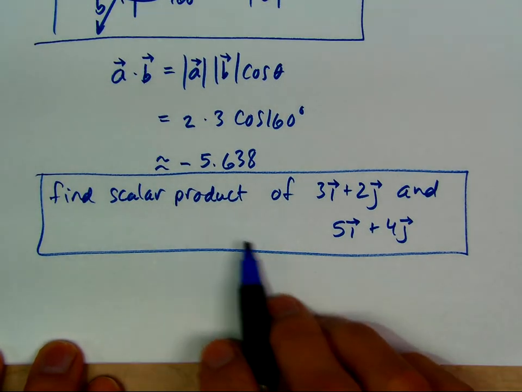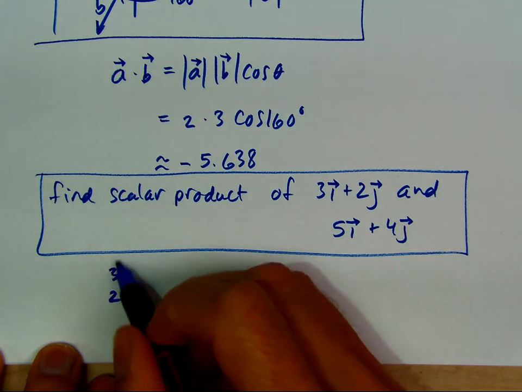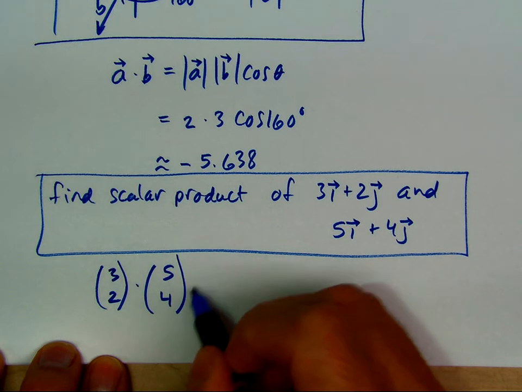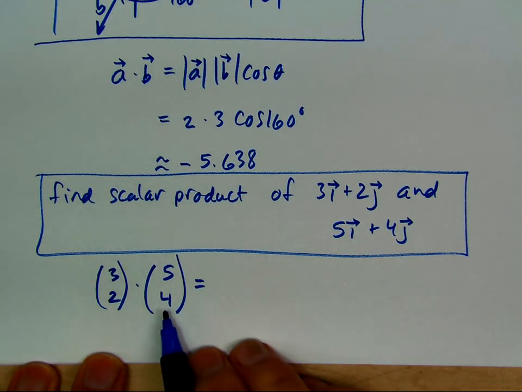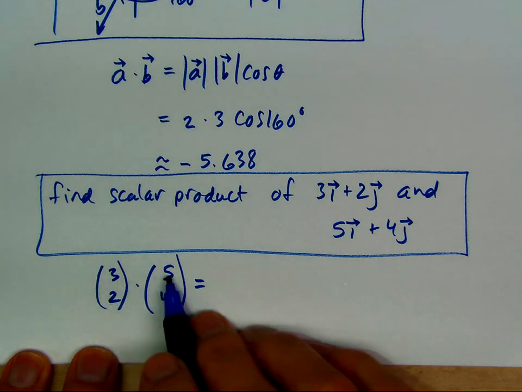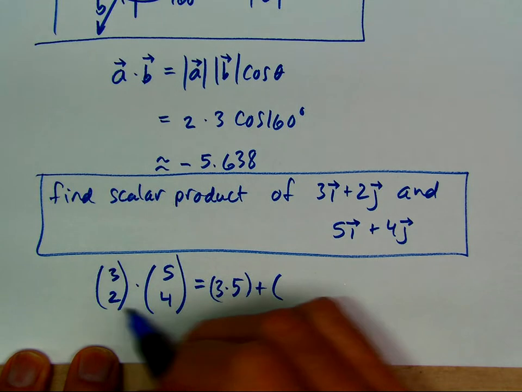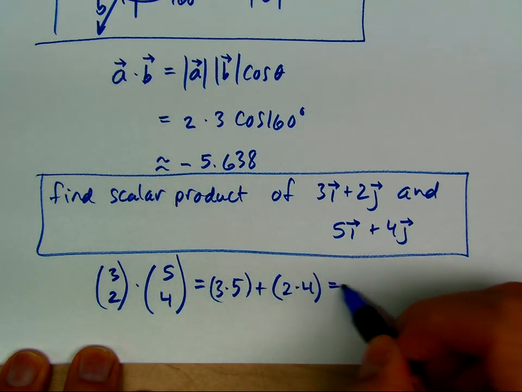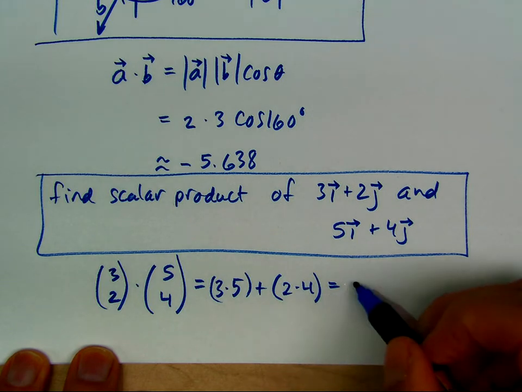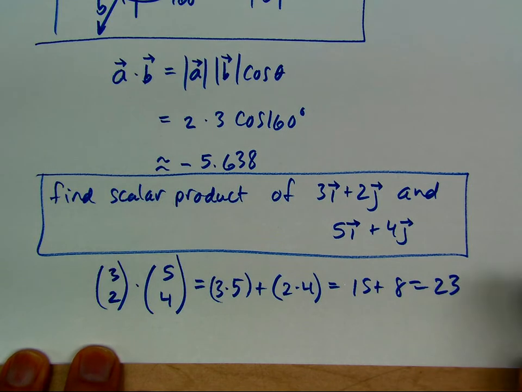So now we just multiply the vectors, and when we're not dealing with an angle, all we do is multiply 3 times 5 and then add it to 2 times 4. And this is why it's called a scalar product, because the answer is a scalar. 15 plus 8 is 23.